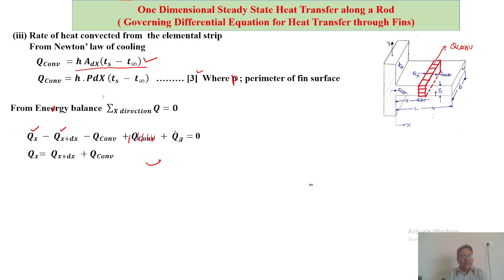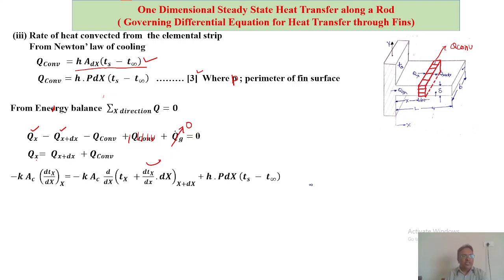Now here, this Q dot G will be 0 because I am considering the rate of heat generation as 0. So after simplifying this equation, it will become Qx is equal to Qx plus dx plus Q convected.